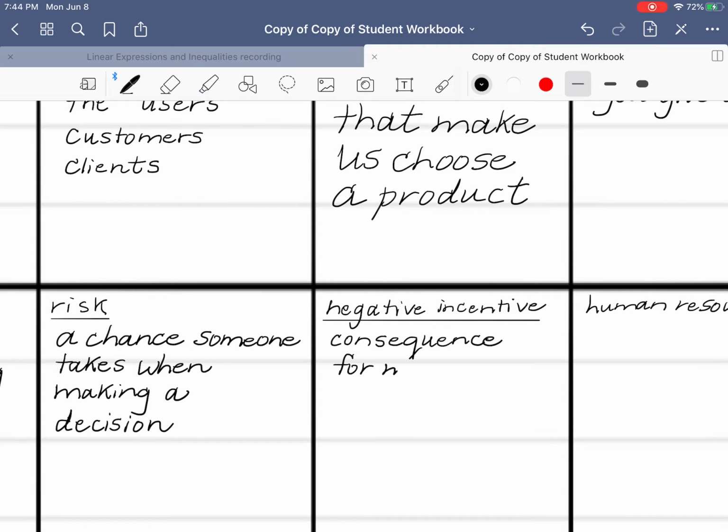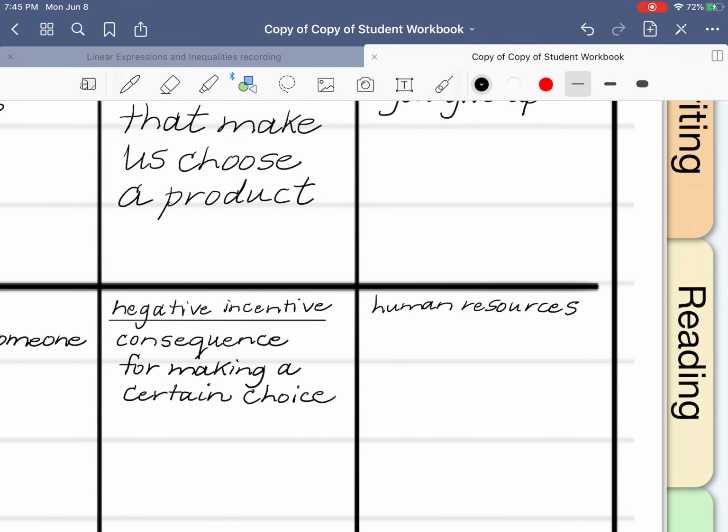If you decide to drive drunk, there's a consequence for that. There is a negative incentive for driving drunk. And it's your choice, but you will face the consequences. A positive incentive is a reward. A negative incentive is a consequence.